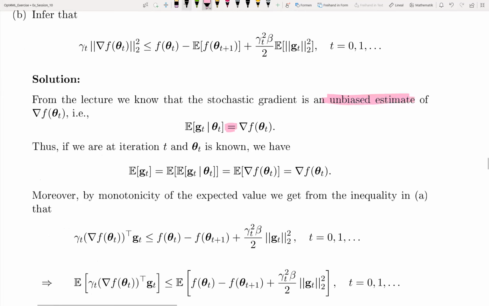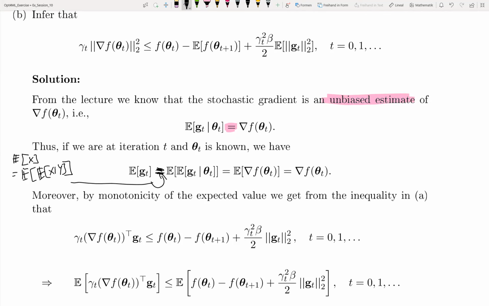Now, without the conditioning, we can use here the law of total expectation. The expected value of x can also be expressed as a nested expected value where we condition in the inner expected value on some random variable y.